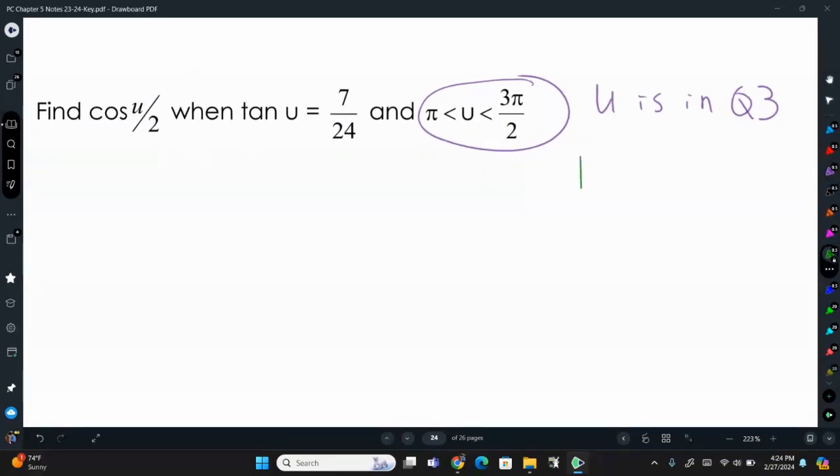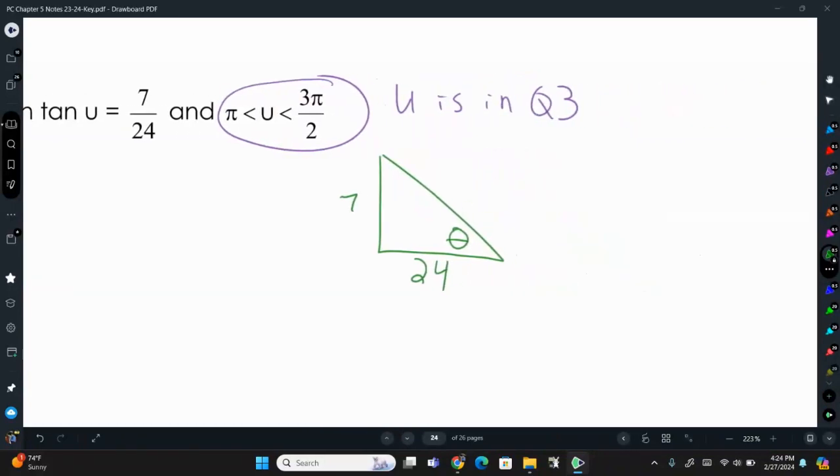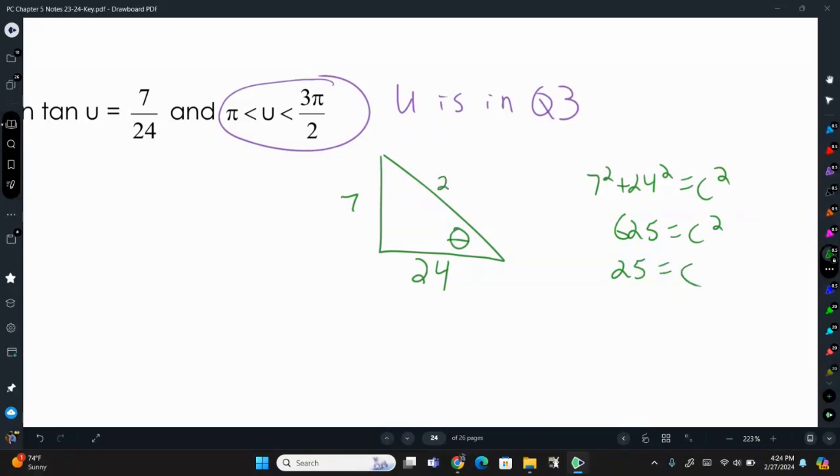So when I draw my triangle here, tangent is opposite over adjacent, and 7 squared plus 24 squared equals c squared. 625 equals c squared. This is another Pythagorean triple. But we have to realize that in quadrant 3, sine and cosine are negative.